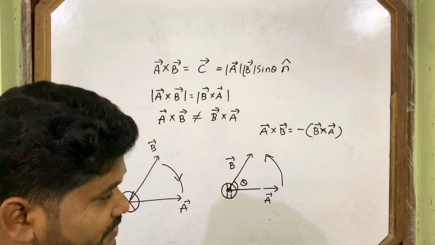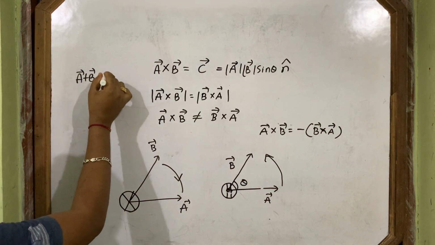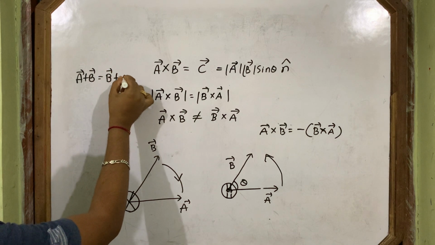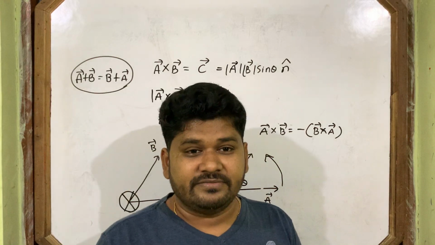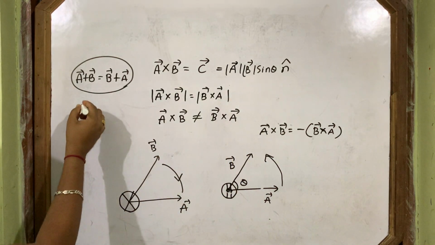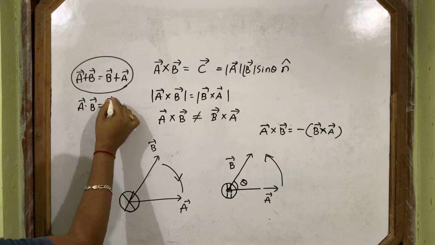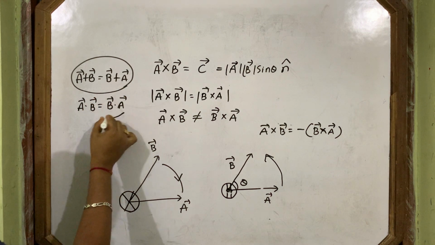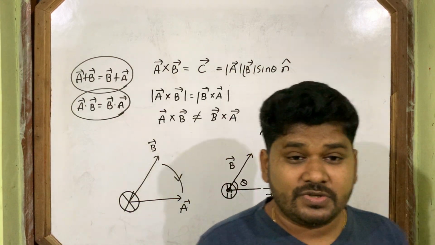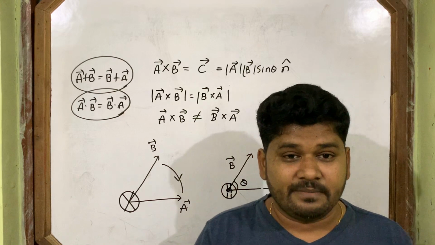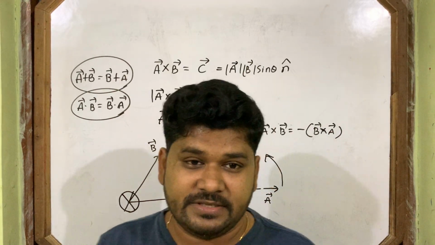But if you think about addition, A vector plus B vector is equal to B vector plus A vector. Vector addition is commutative. A vector dot B vector is equal to B vector dot A vector, so the dot product of two vectors is also commutative. But the cross product of two vectors is not commutative.